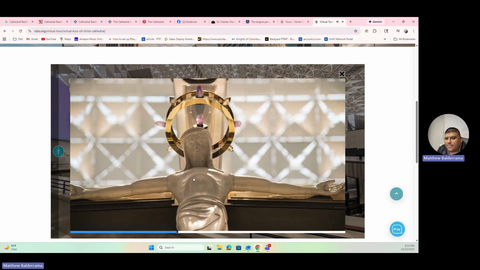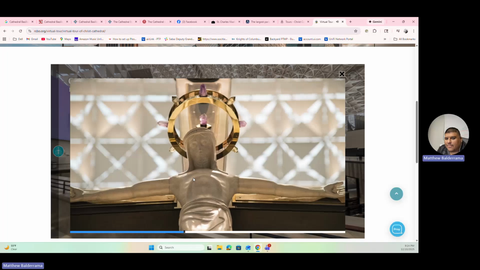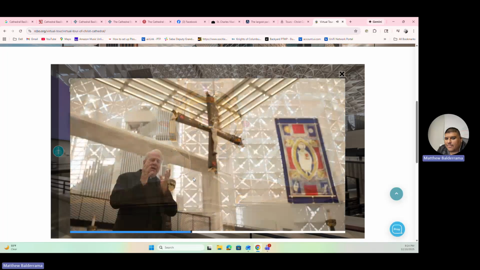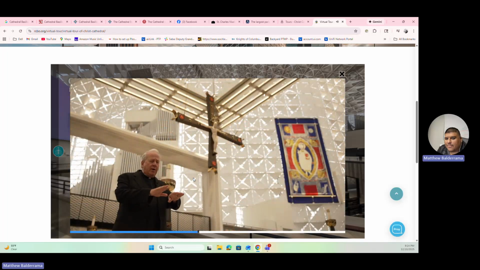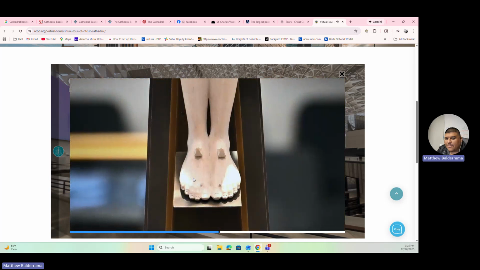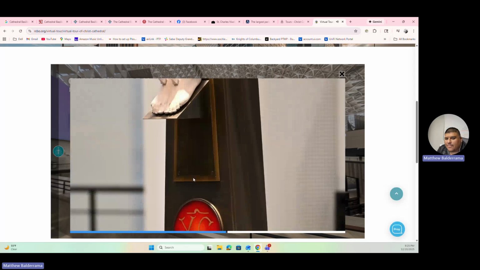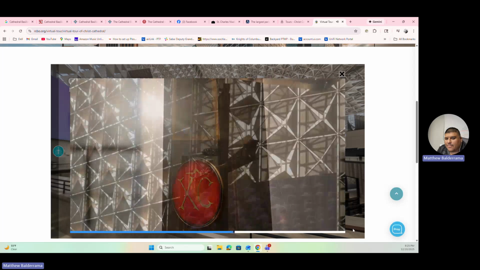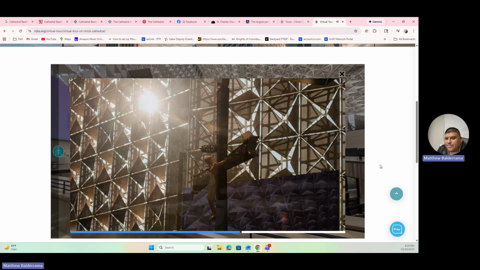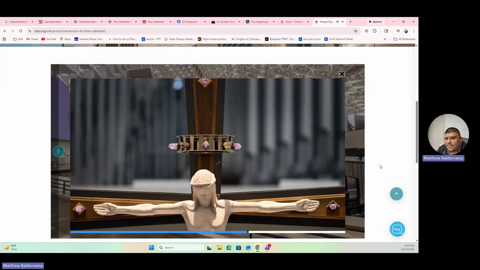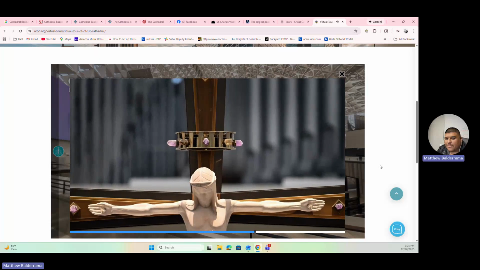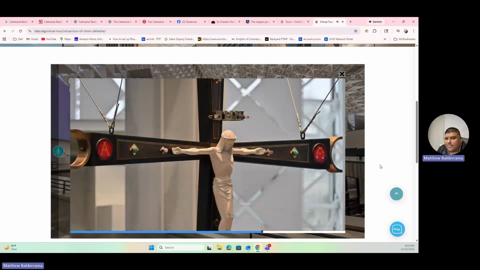Jesus hanging on the cross has a kind of peaceful look on his face, and his feet are not crossed as they typically are, but rather flat on the pedestal. And that again is part of the style, because we want to represent Jesus both in his death and resurrection. He's wearing a crown of thorns, but then also above him is a crown with precious stones.